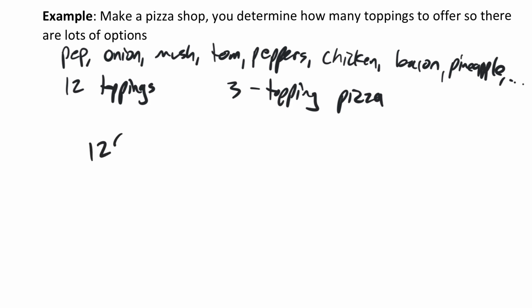Well, you have 12C3. Go ahead and type that in on your calculator. 12C3 gives a total of 220 different pizzas. And so you can see that it's great. If you come up with 12 different toppings and you can choose 3 of them, so many different pizzas are available. It's so many that it feels like you're never going to run out of different pizzas to try.